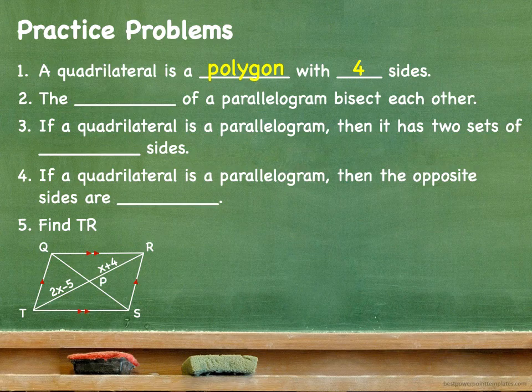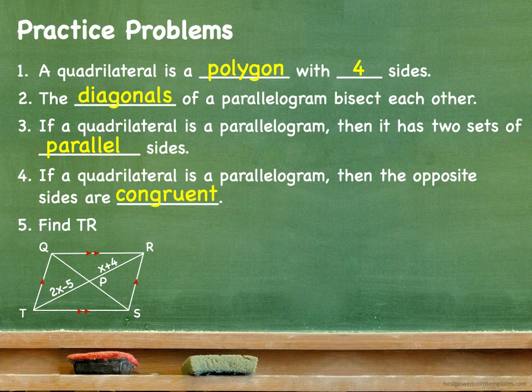Okay, well, of a parallelogram, if we're just talking about a parallelogram, we're talking about the diagonals. The diagonals of a parallelogram bisect each other. If a quadrilateral is a parallelogram, then it has two sets of parallel sides. If a quadrilateral is a parallelogram, then the opposite sides are congruent.